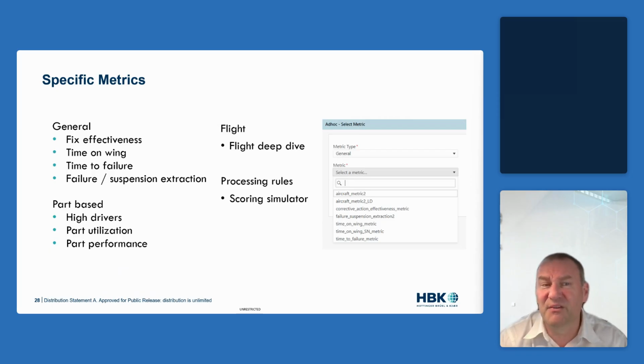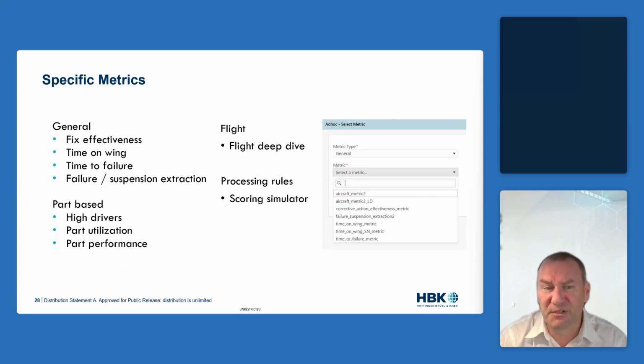This fix effectiveness allows us to look at changes that occur by incrementally looking at every single aircraft and looking at how it performed before and after a fix was put in place. And we use information available on the maintenance action to help us with that. So again, a lot of these things are intended to streamline the work performed by the analyst in the field.